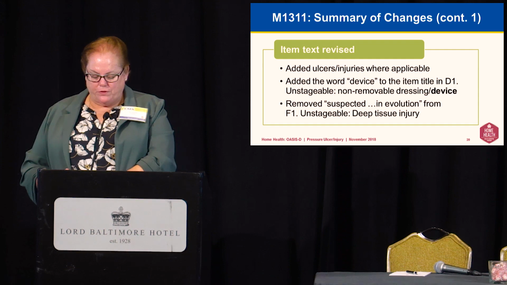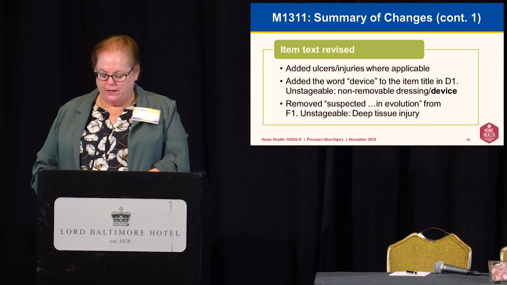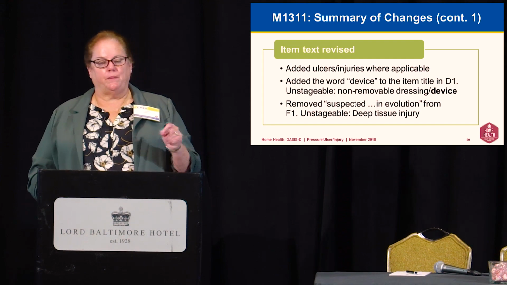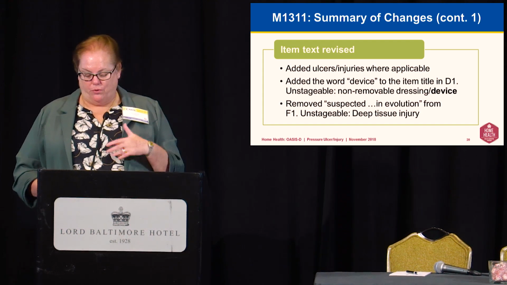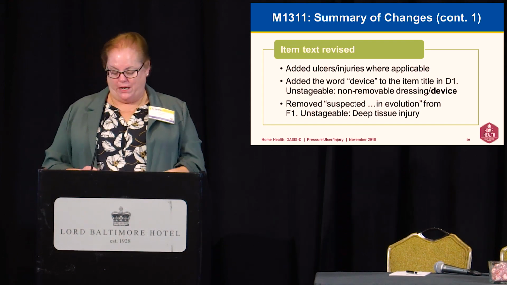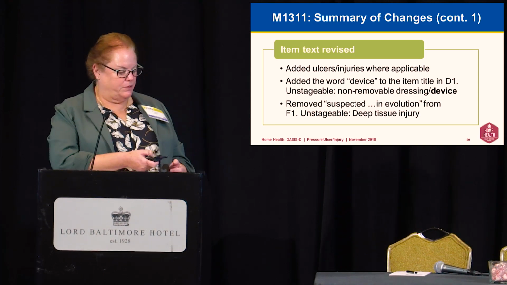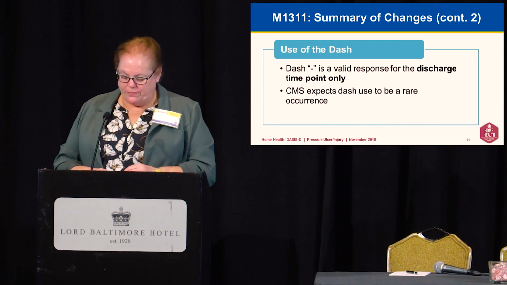And then they removed suspected from the unstageable deep tissue injury. So we used to have suspected deep tissue injury, so that word suspected has been taken out. And again, this is just aligning with the National Pressure Ulcer Advisory Panel's language changes.